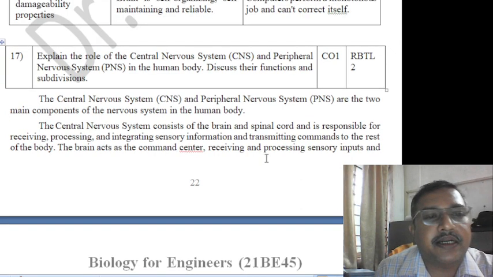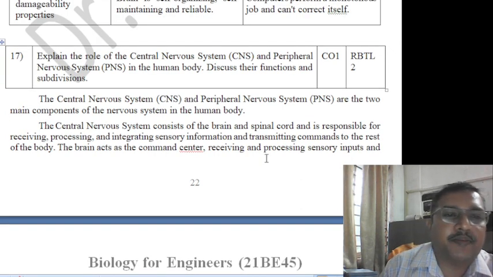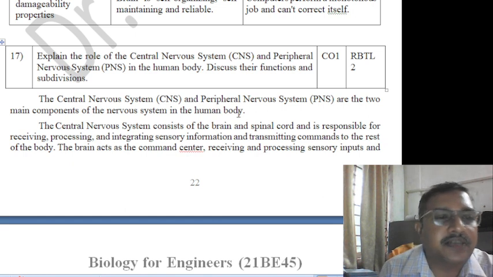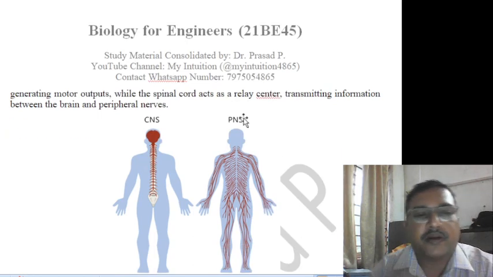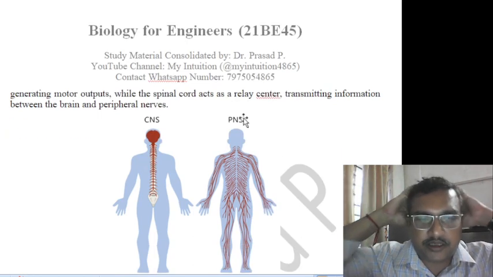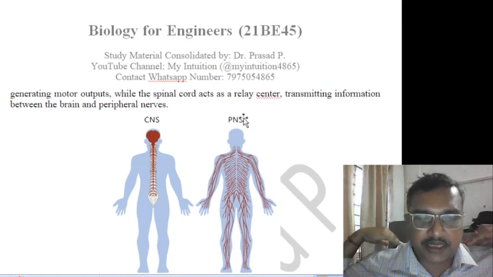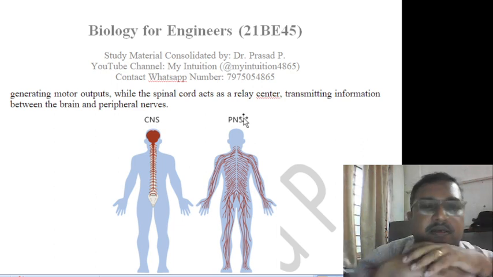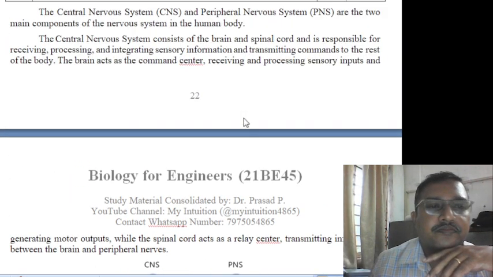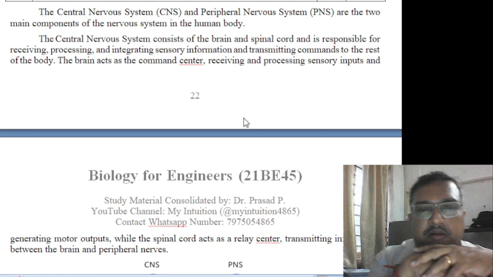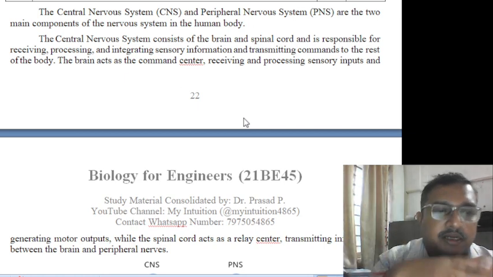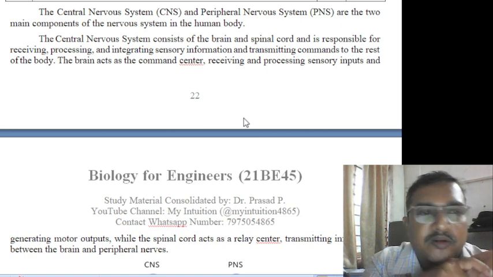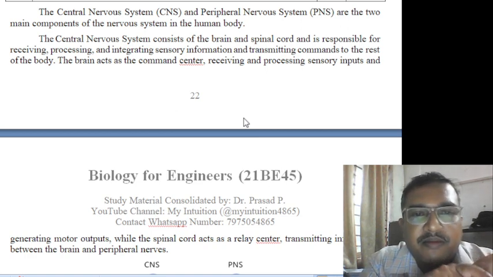Next, the central nervous system and peripheral nervous system, their roles in the human body, functions and subdivisions. The central nervous system comes from our brain and runs down the back, through what is called the spinal cord.